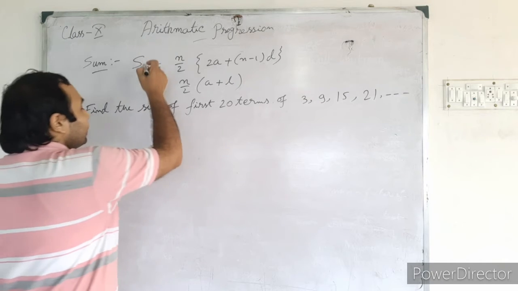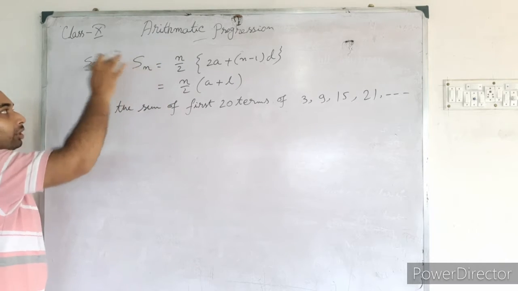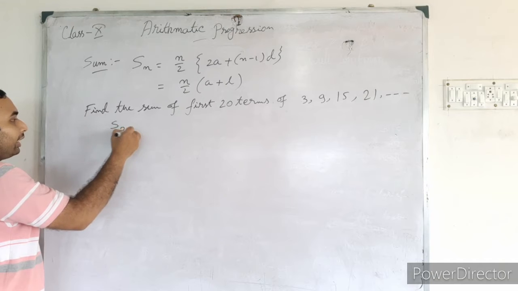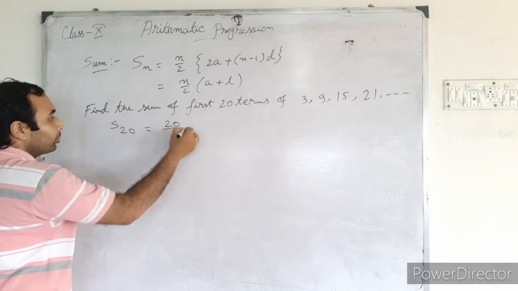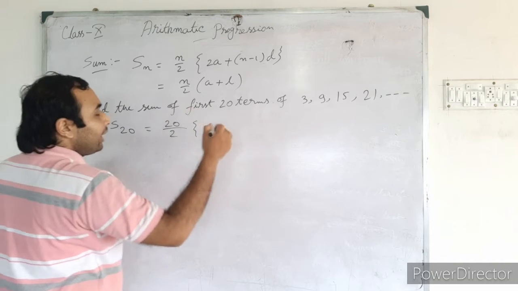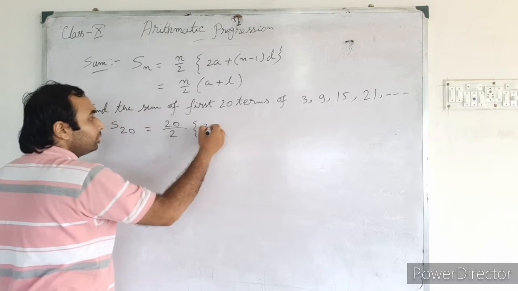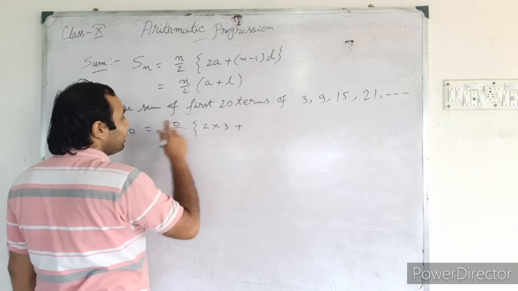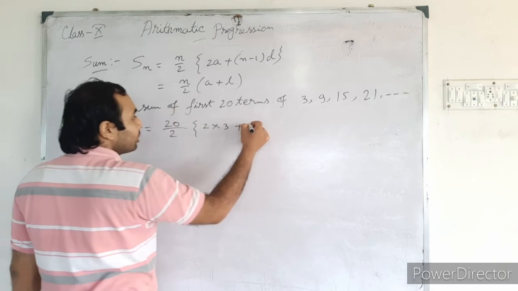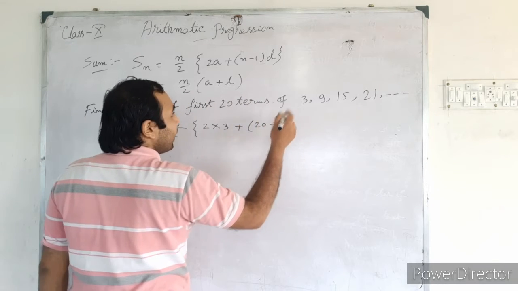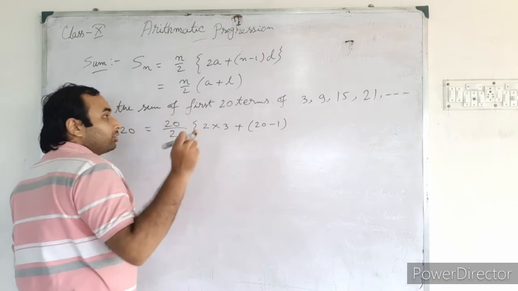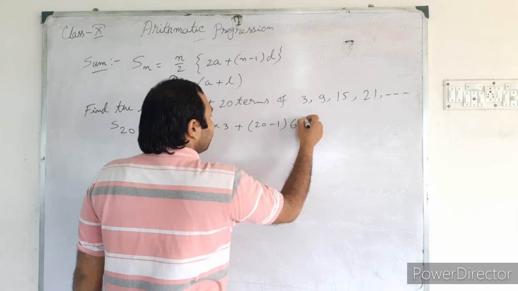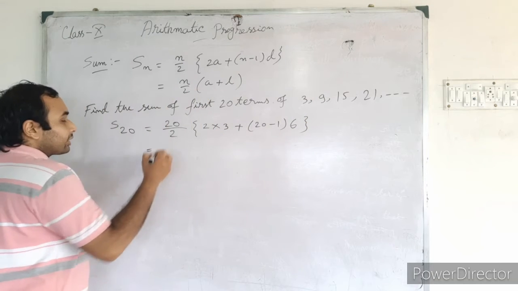So n is the number of terms. Here we have to find S20, so instead of n, 20 will be put. In 2a, a means the first term, so 2 into 3, plus (20 minus 1) into d. Here d is 9 minus 3, or 15 minus 9, all are the same, so d is 6. Let us calculate this.